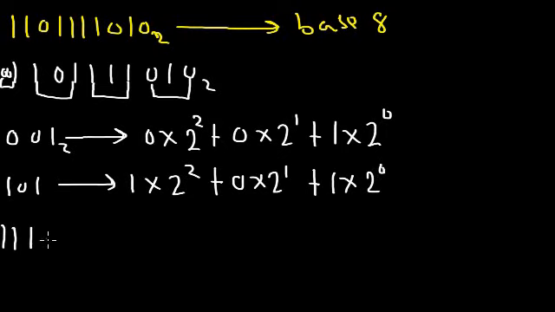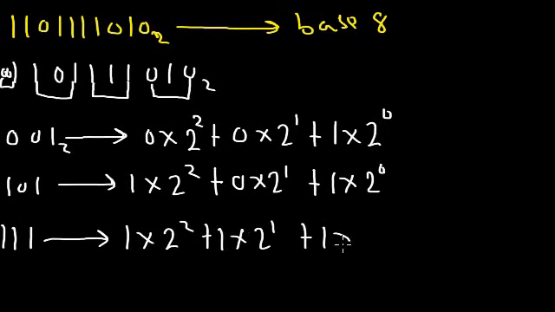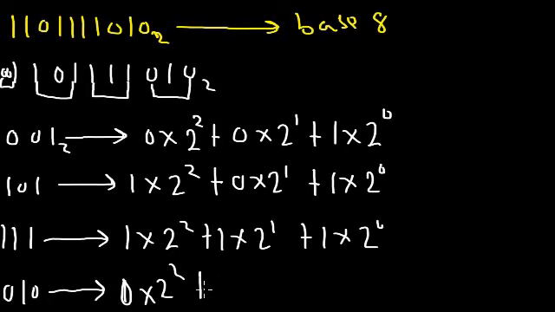For 111, that corresponds to 1 times 2 raised to the power of 2 plus 1 times 2 raised to the power of 1 plus 1 times 2 raised to the power of 0. And for 010, that corresponds to 0 times 2 raised to the power of 2 plus 1 times 2 raised to the power of 1 plus 0 times 2 raised to the power of 0.